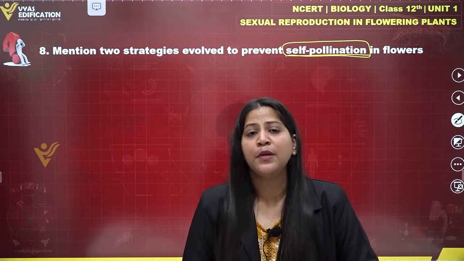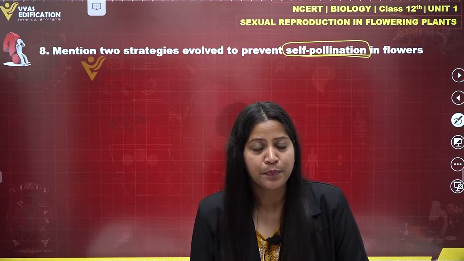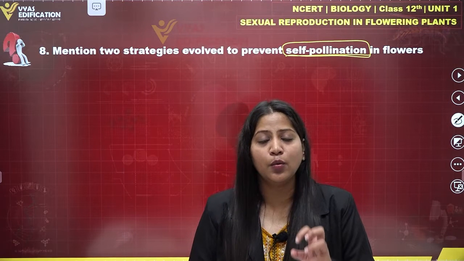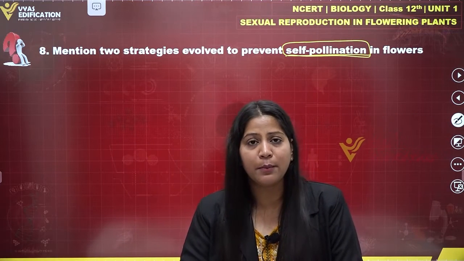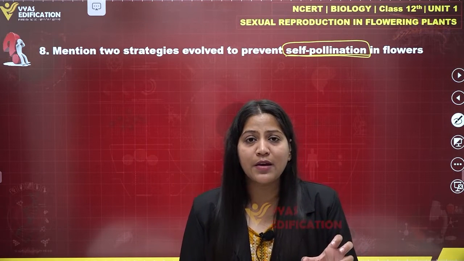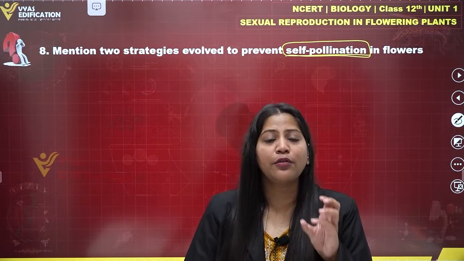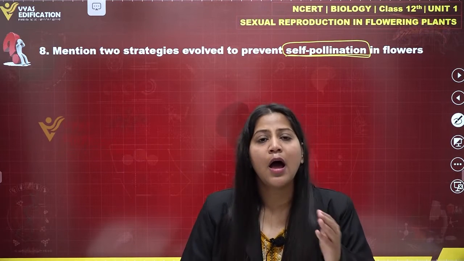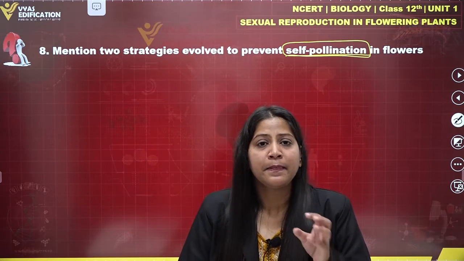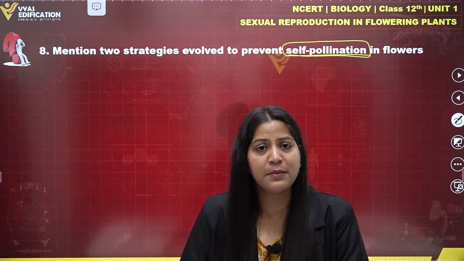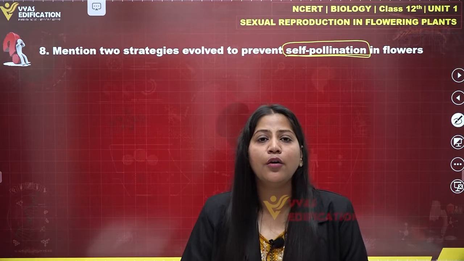The other strategy evolved in plants to prevent self-pollination is protandry or protogyny. In these strategies, the maturation of one reproductive organ occurs before the other. In protandry, the maturation of the stamen, the male reproductive organ, happens first, and after that the female reproductive organ matures. In protogyny, the female reproductive organs such as the pistil or carpel mature before the stamen.